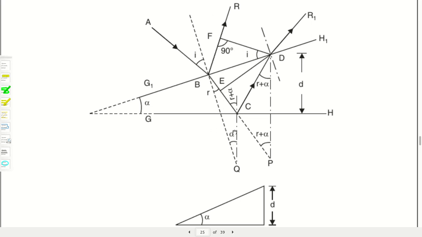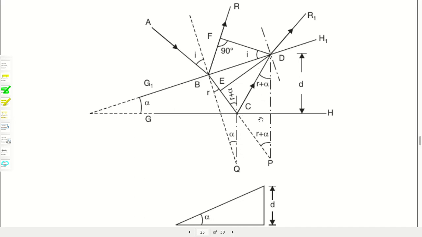One can prove this angle is also alpha, and this angle is r plus alpha. Just draw some perpendiculars and use basic trigonometric facts from class 9-10, that is, opposite angles, similar angles, corresponding angles. You will reach the point that this angle is alpha plus r, this angle is alpha plus r, and this angle is alpha plus r.